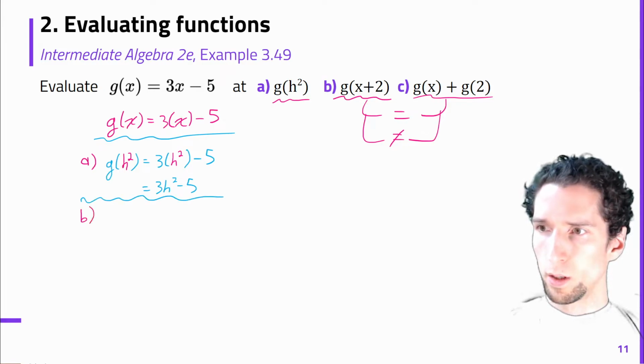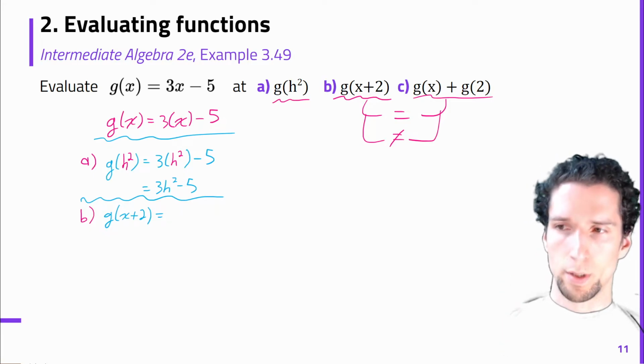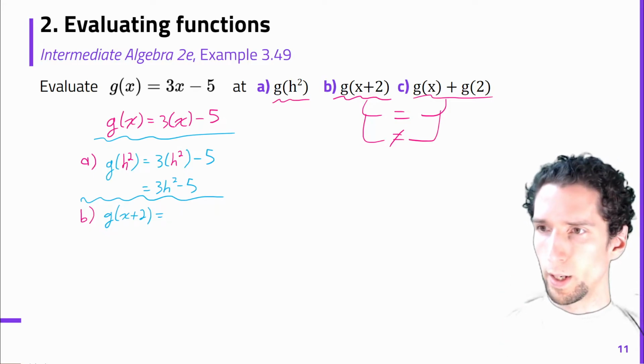Okay, our next one, part B here. So g of x plus 2. Again, we'll take our brackets and the thing inside here. Let's rewrite x plus 2 in our colors, x plus 2.